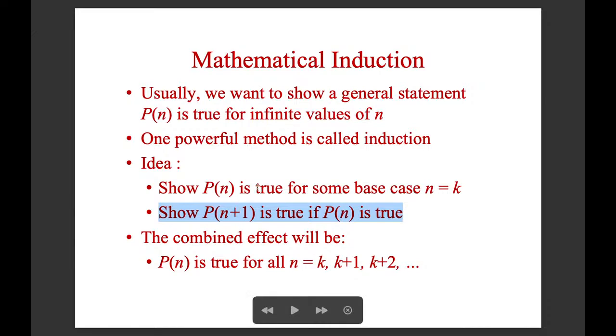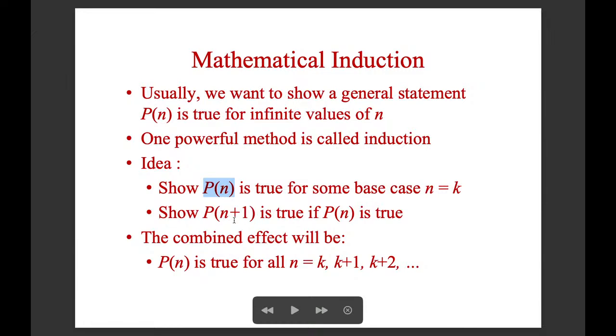Now, if we have proven these two statements independently, then we can imply the following. First, P of n is true for n equal to k, so we know that P of k is true. In combination with the second statement, because we now know that P of k is true, P of k plus 1 is also true.